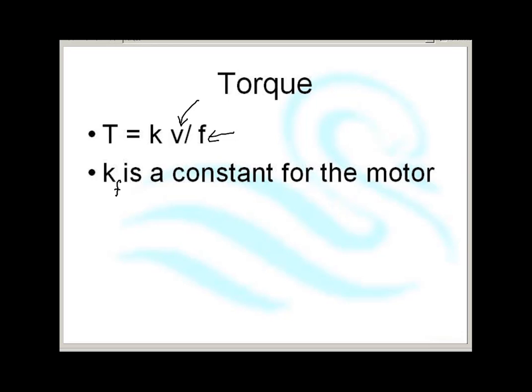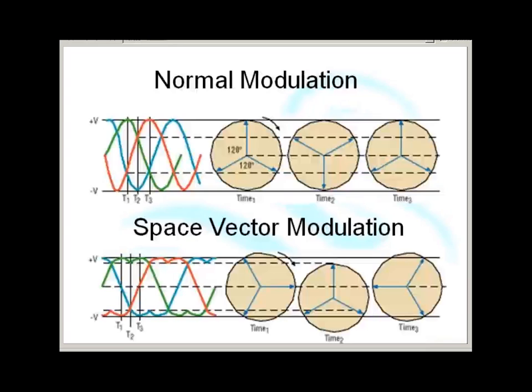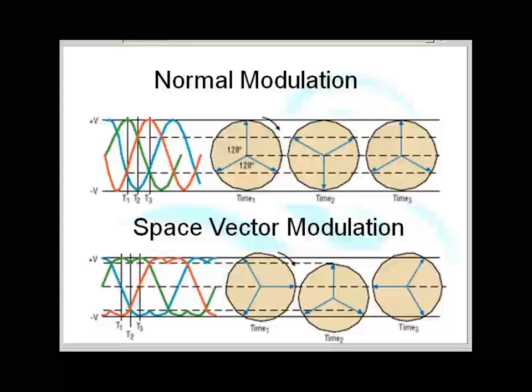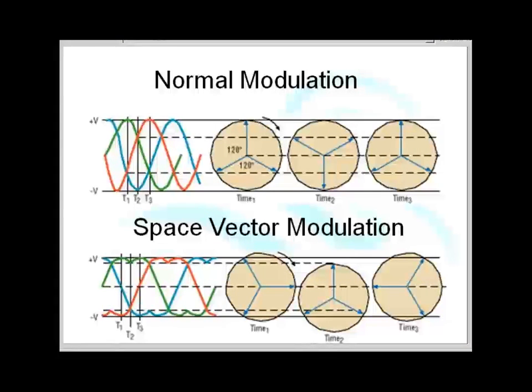We over-magnetize it. And when you put too much energy in, you just waste that energy. And all that wasted energy comes out as excessive heat. The way to fix this is to change the voltage at the same time as we change the frequency.